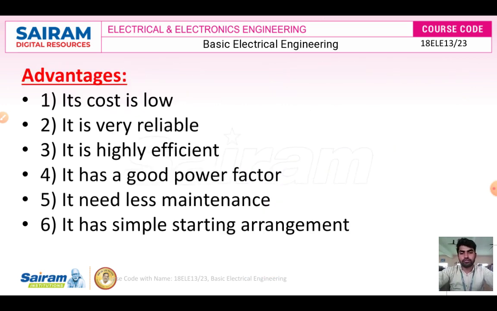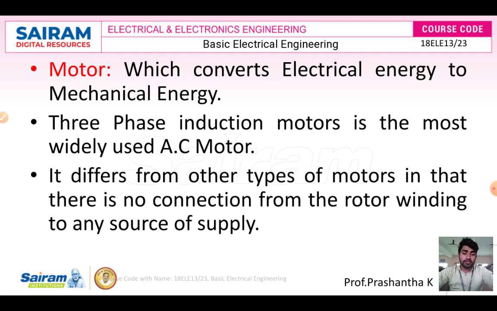And the advantages, again I'll tell you. Wherever you go, like malls, lifts, cranes, hoists and all, they are using induction motors because the supply we are getting is AC.